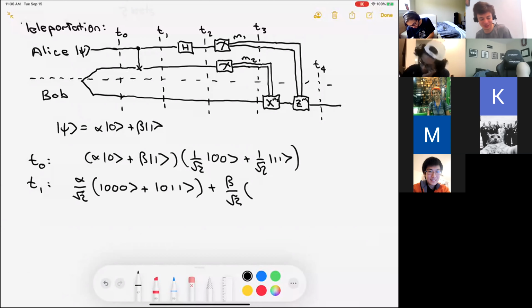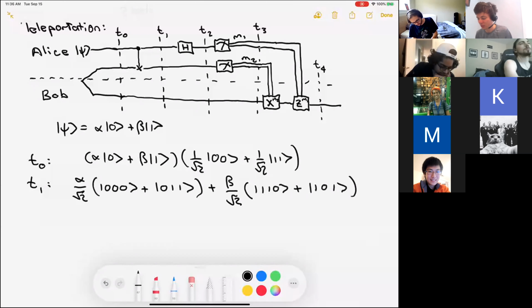So the control qubit is in 1, so the target qubit gets flipped, so we get 110. And we have beta over square root 2 times 111. What happens to that? Come on, guys, just shout out. We'll make this faster. Will become 101. 111 becomes 101 because, again, control qubit is in state 1, so the target qubit gets flipped. Okay.